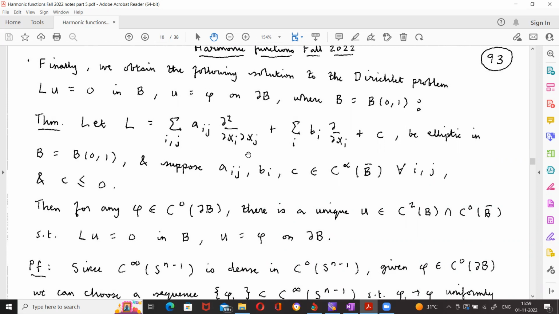So let L be elliptic and suppose the coefficients are Holder continuous on the closed ball and c is less than or equal to 0. Then for any phi in C0 of the boundary of the ball, there is a unique u in C2 of the ball intersect C0 of the closed ball such that Lu is 0 in the ball and u is phi on the boundary of the ball.